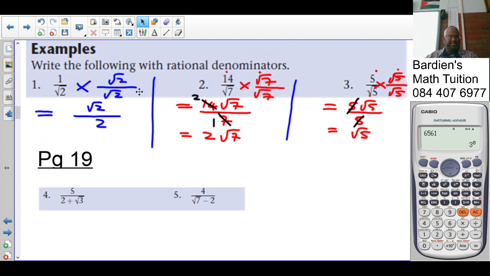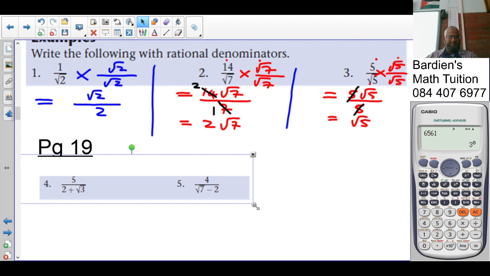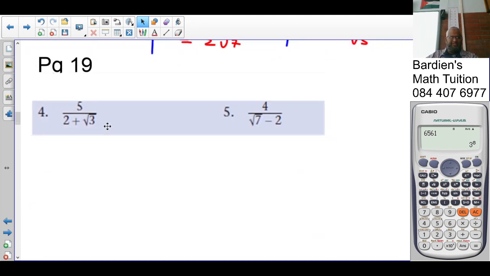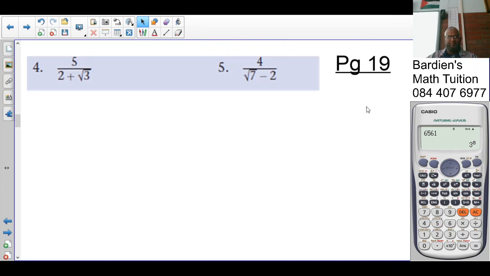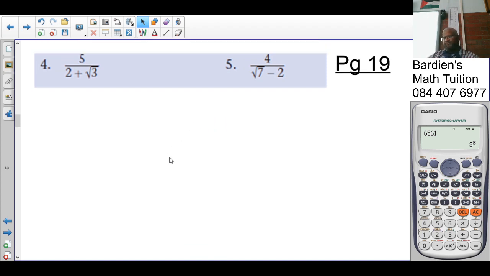The instruction is write the following with rational denominators. It's now page 19. Guys ready? Okay.